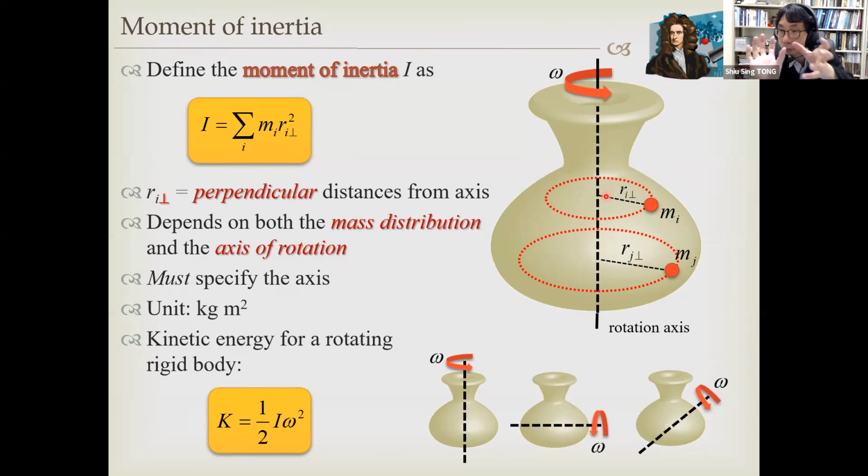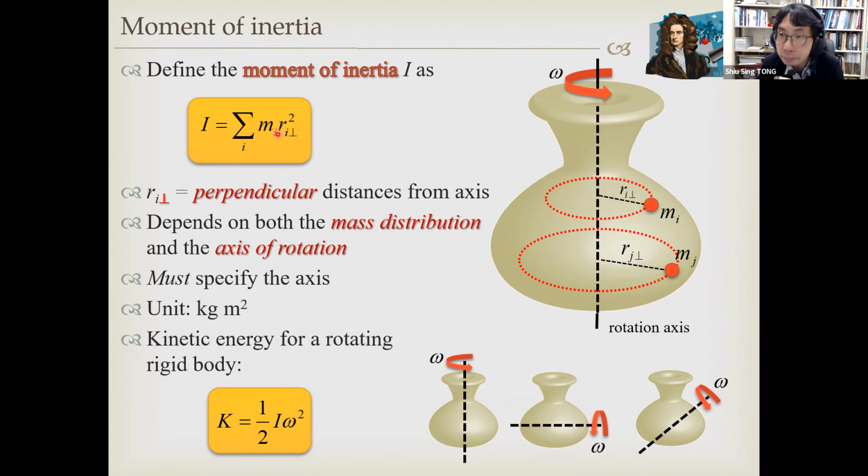So you imagine the object now rotates about the axis of symmetry, and different particles simply have different distances from the axis. And if you multiply the mass of each particle with the square of its distance from the axis, and form a sum of them, you get this quantity called the moment of inertia.